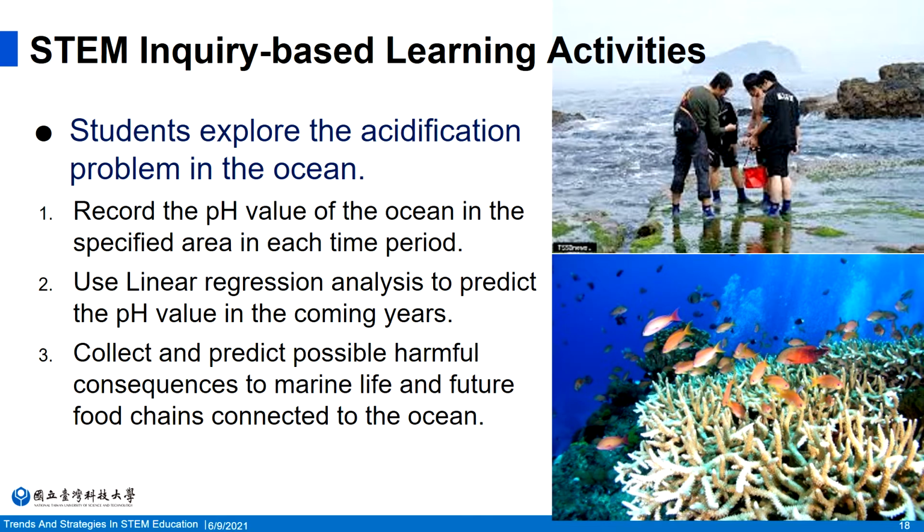After several weeks or several months, they can collect a series of data and then use linear regression analysis to predict the pH value in the coming years. Based on the data they collect and the analysis result, they can predict possible harmful consequences to marine life and the future food chain connected to the ocean.